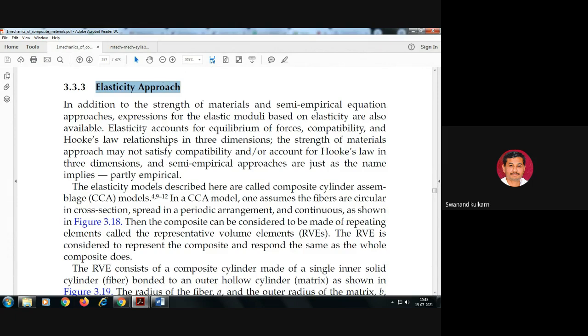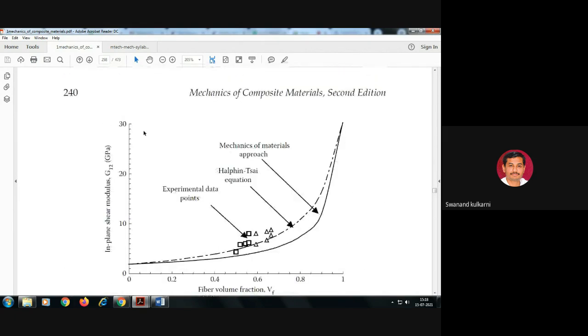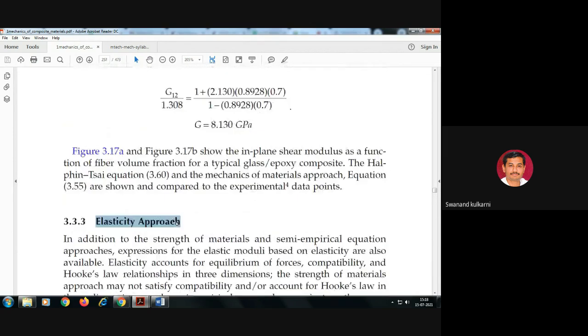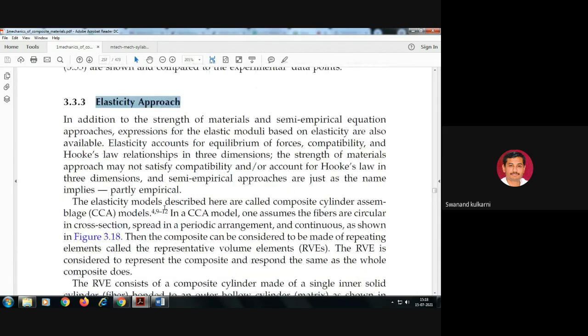Is it okay? So for the elasticity approach, we should use some terminologies, and those terminologies are very useful and will be required for us. As far as this elasticity approach is concerned, the first term associated is the elasticity model described as the composite cylinder assemblage.